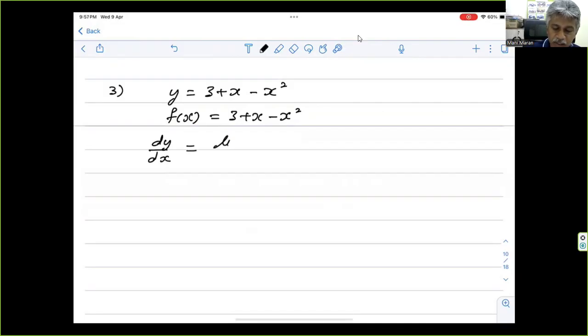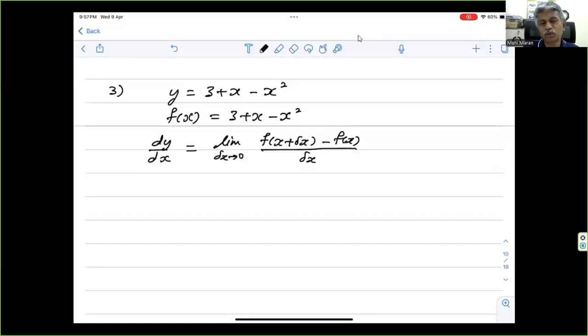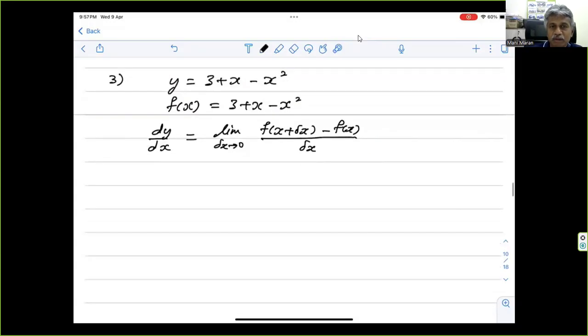This is again equal to limit delta x approaches 0, f of x plus delta x minus f of x, divided by delta x. The same formula will appear again and again. When you solve many problems, this formula will go into your head automatically. You cannot forget. That becomes your first derivative from first principle.